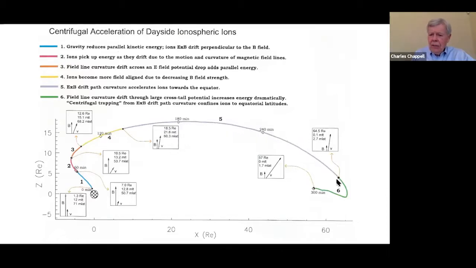And then when it reaches the midplane of the magnetosphere, there are very distended magnetic field lines, and it has a very large curvature drift, again out of the page, drifts in the direction of the crosstail potential and gets further energized. I'm going to come back and talk about that. But that just shows you that a polar wind particle can become more energized in the lobe and then further energized as we get on into the midplane.